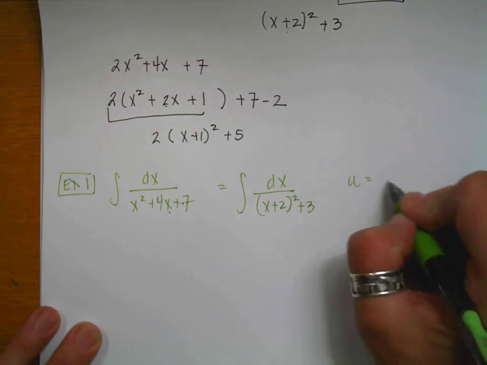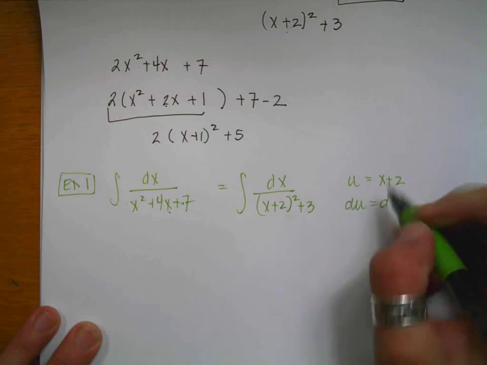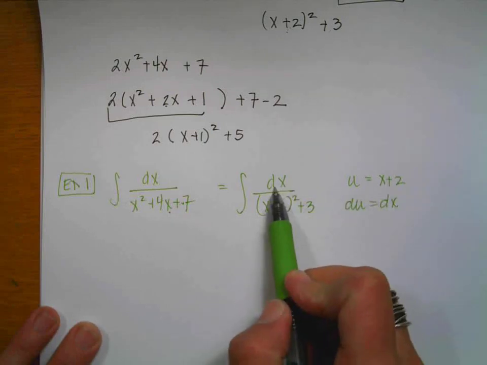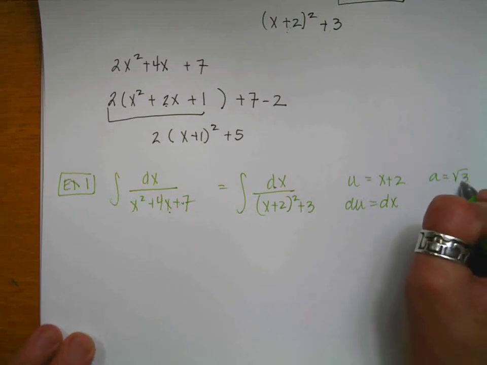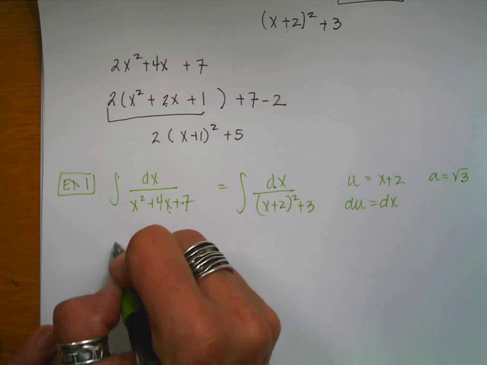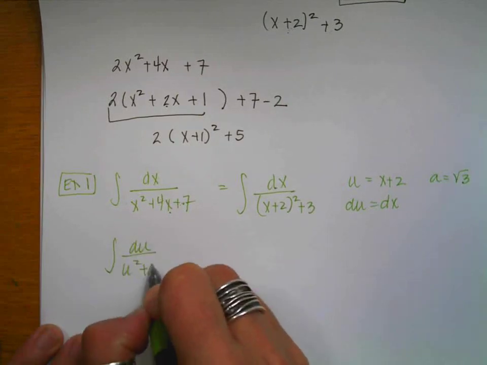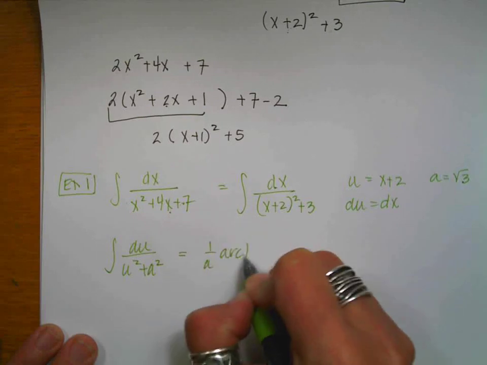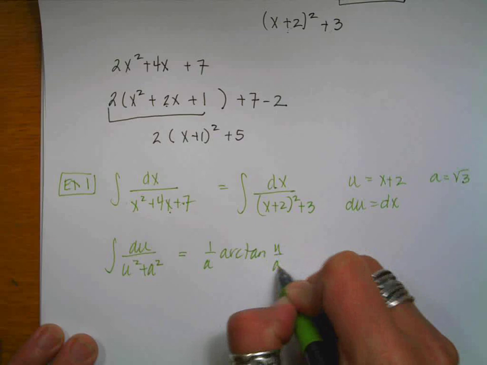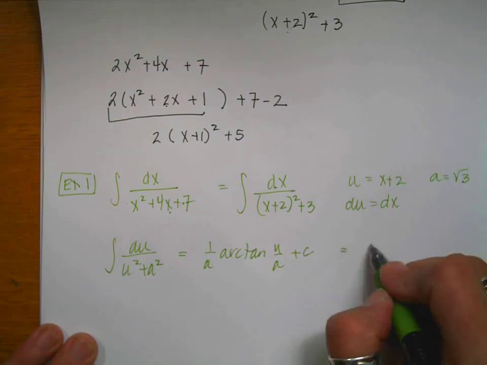So now my u is going to equal x plus 2, my du is dx, and my a is going to equal the square root of 3. Then this appears to be du over u squared plus a squared, so this is 1 over a arc tangent of u over a plus c.